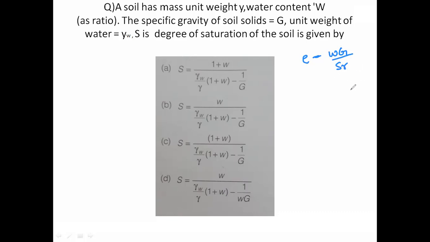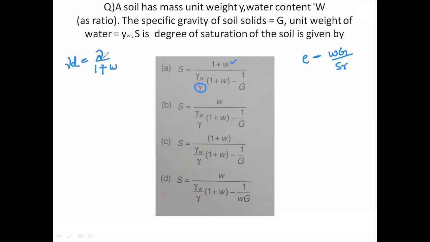Also, since there is a relationship between bulk density and water content, I'm using another one. Dry density is equal to bulk density divided by 1 plus w. We know this equation.